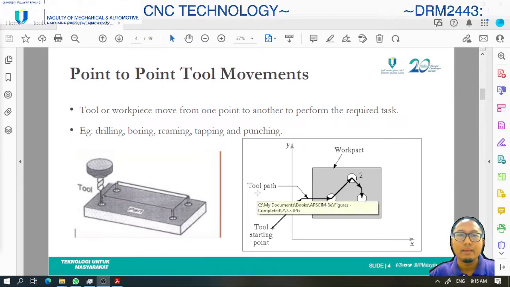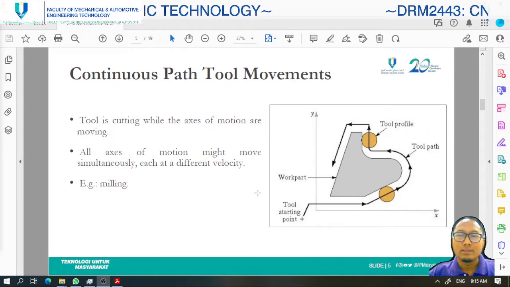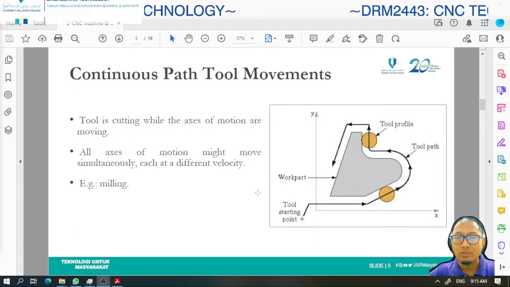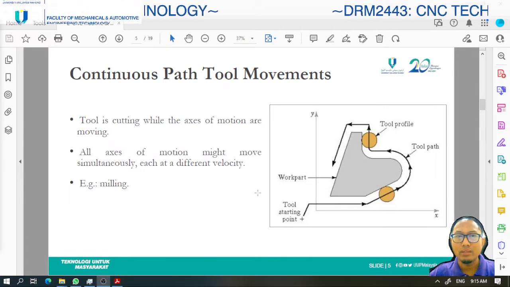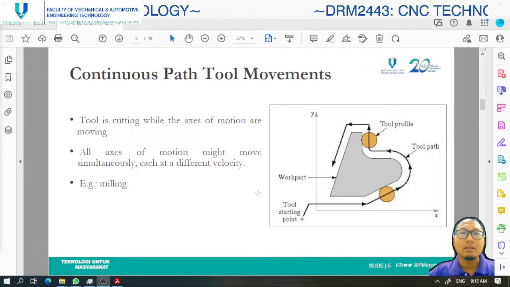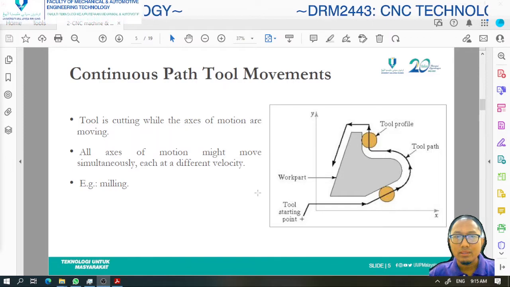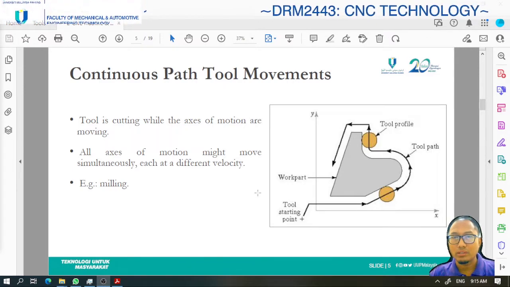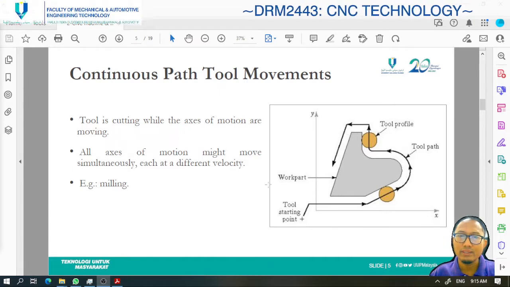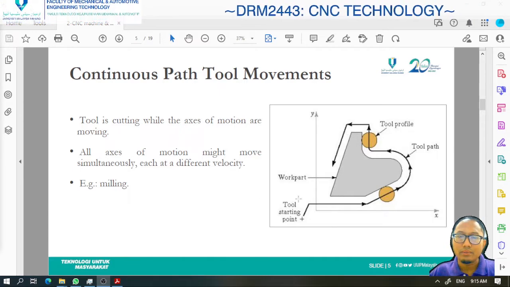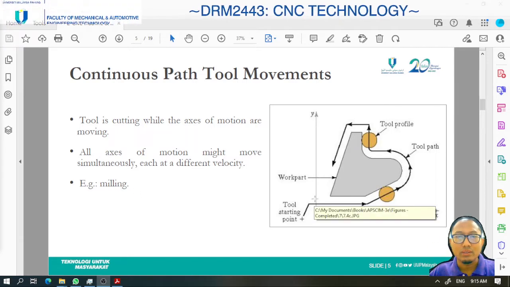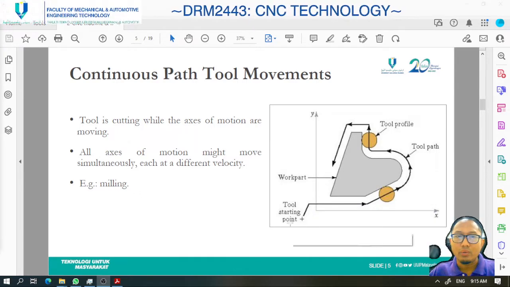The second tool movement is continuous path. Different from point to point tool movement, continuous path means that simultaneously while the tool is moving, it will also do the operation, do the task. This kind of tool movement is used for operations like milling and contouring.